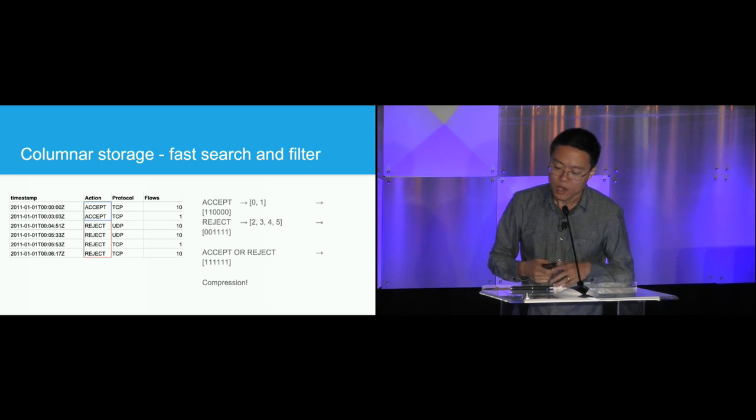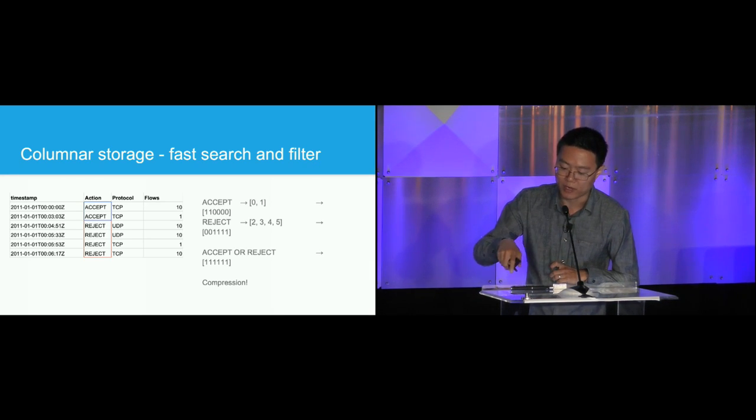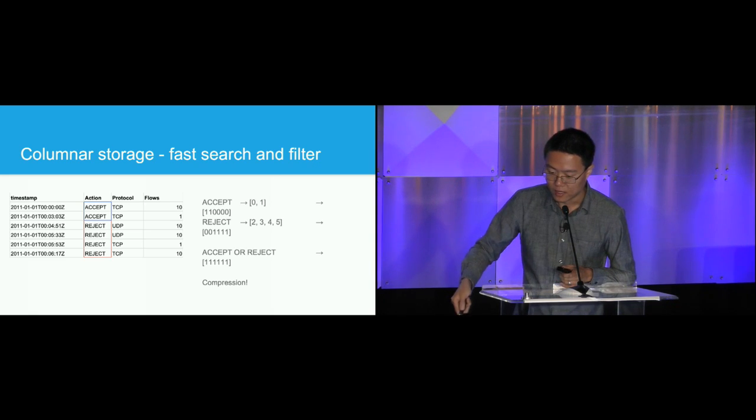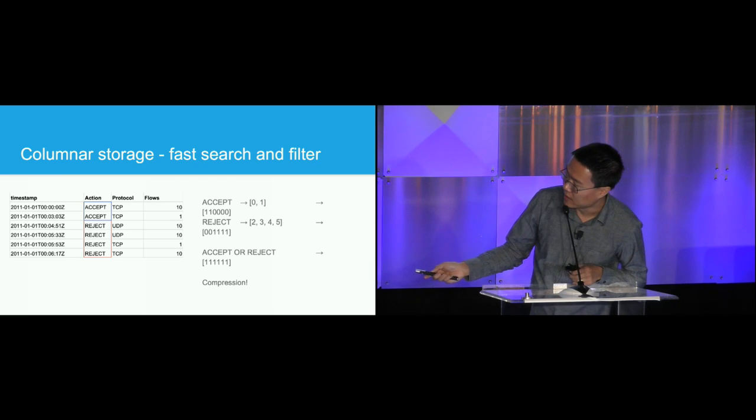We can actually create a lookup which tells us in which rows the accept value is seen and which rows the reject value is seen. So accept is seen in rows 0 and 1, so we can build this binary array that basically, so we have a laser pointer here, that basically indicates that accept occurs in these two rows and doesn't occur anywhere else. Reject only occurs in these 4 rows and not anywhere else.